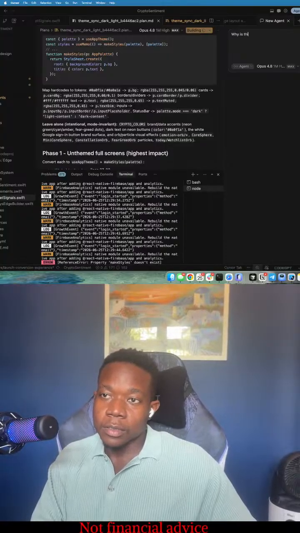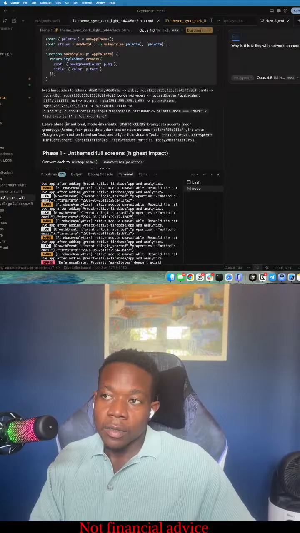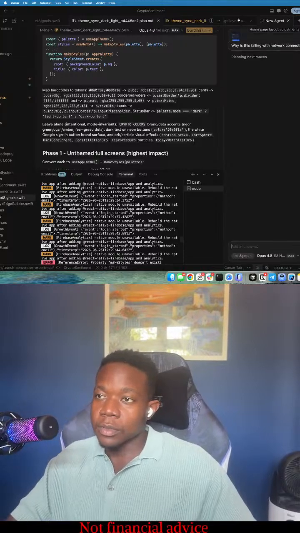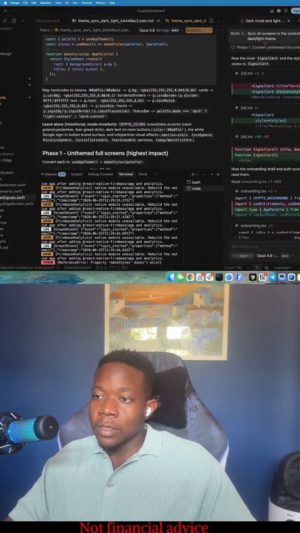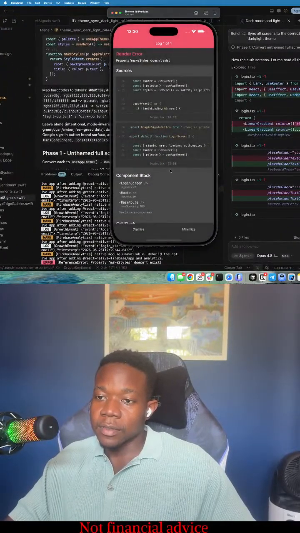Why is this failing with network connectivity when there's no network problems? In the meanwhile, active.